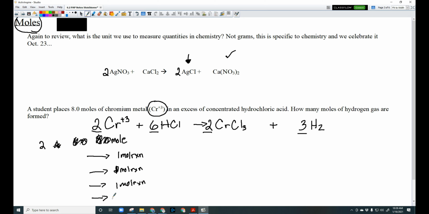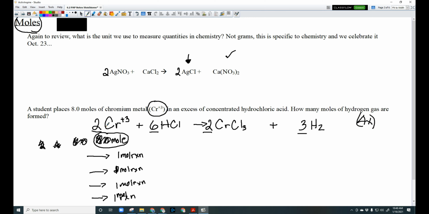Another mole of reaction, I'm going to use the other 2. So I can go through this reaction 4 times with the amount that I was given. I can go through this reaction 4 times, 4 moles of reaction.